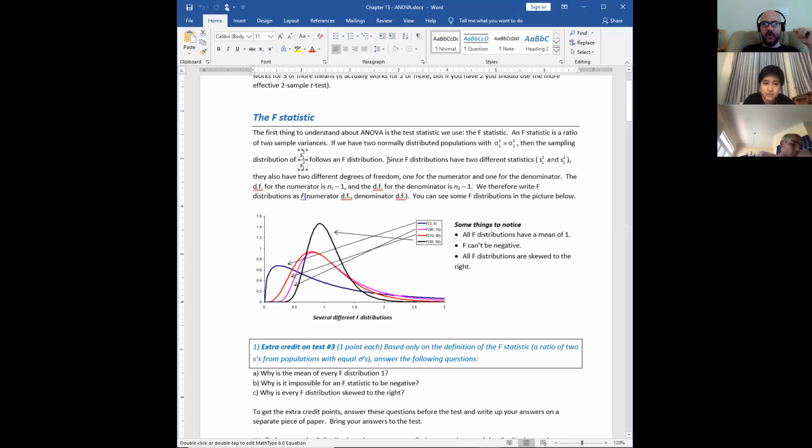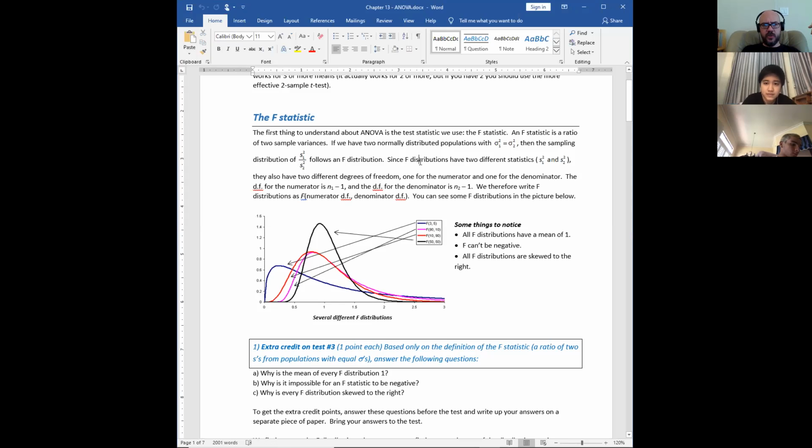So they have two different statistics. That means F distributions, unlike the other distributions we talked about, have two different degrees of freedom, one for the numerator and one for the denominator. They're both n-1, whatever the sample size is for the numerator and denominator.